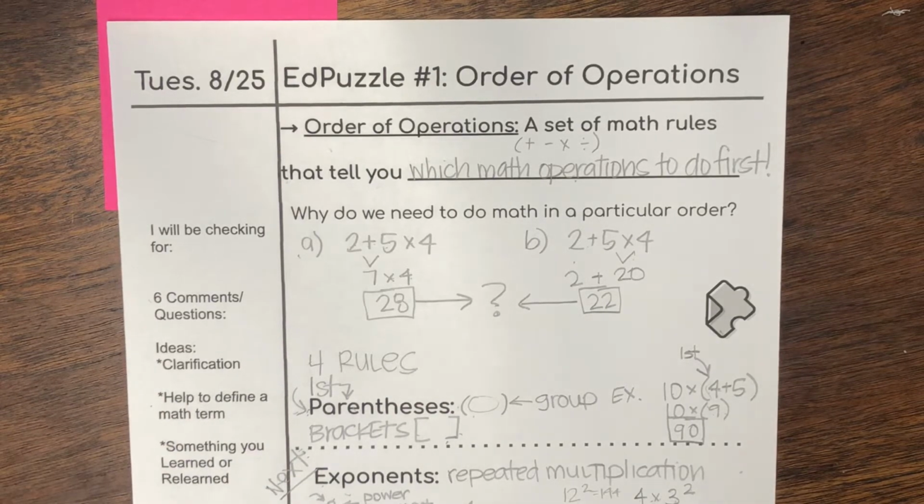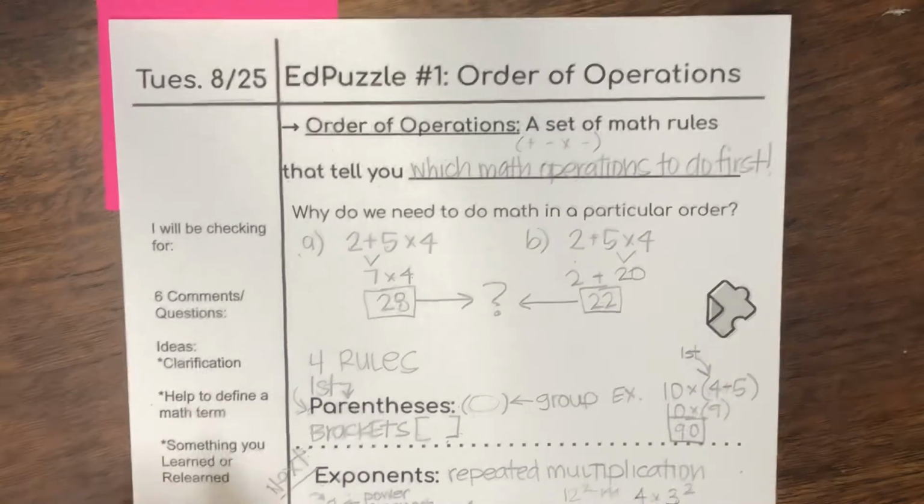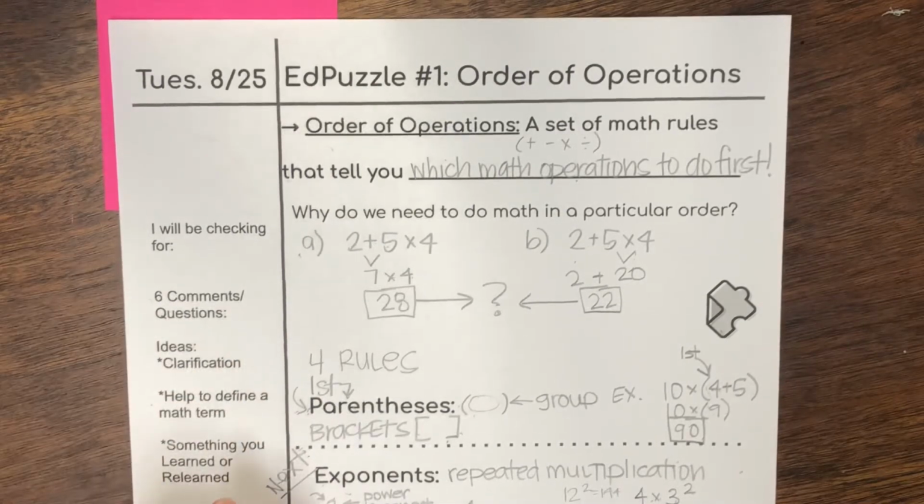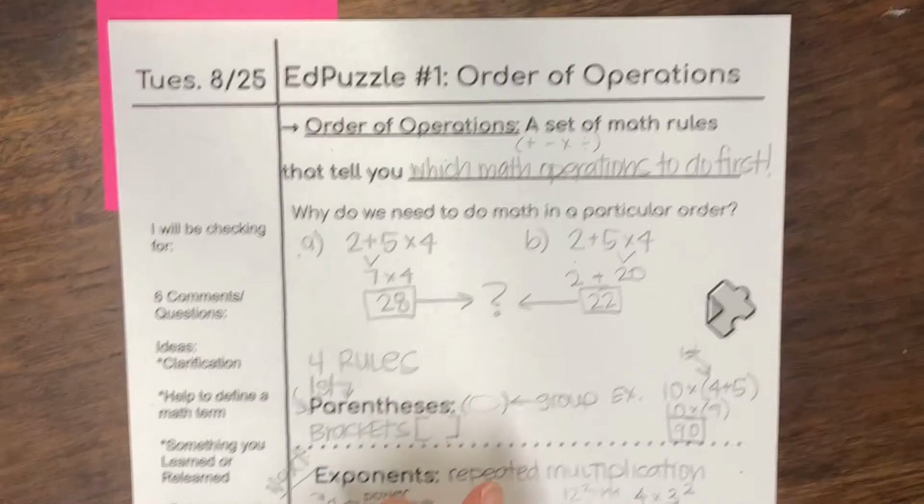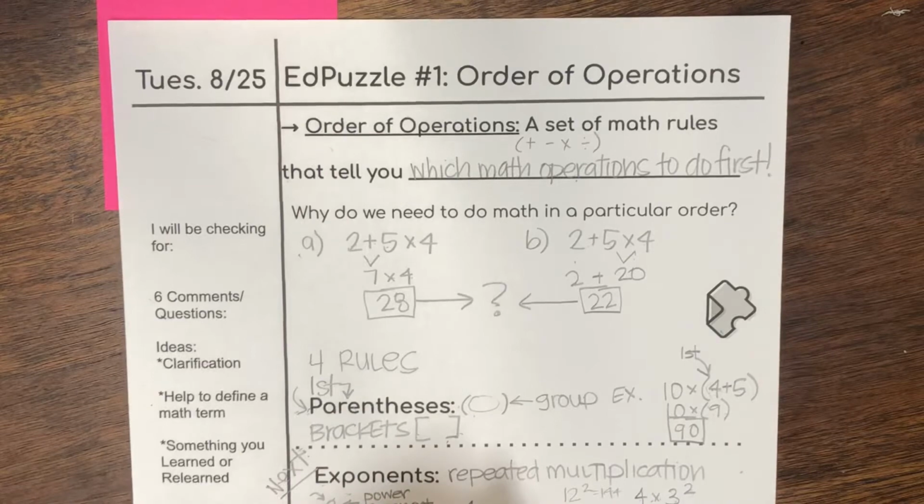Okay? After you've taken care of everything in the parentheses and you've done the exponents, next you have multiplication and division. And I say and because they're equally important. I'm not going to explain what multiplication and division is because I know you know that. The multiplication sometimes can look like 4 next to a parentheses.